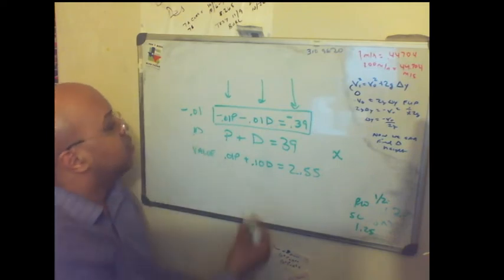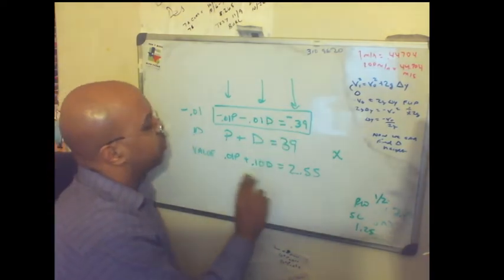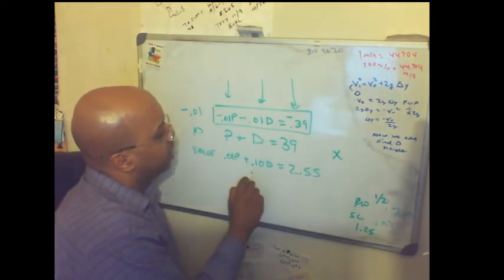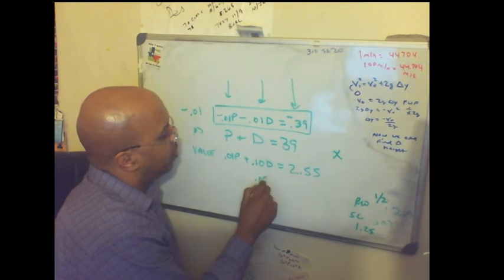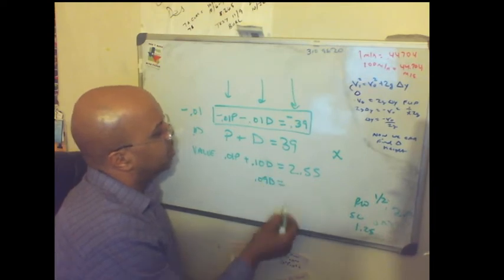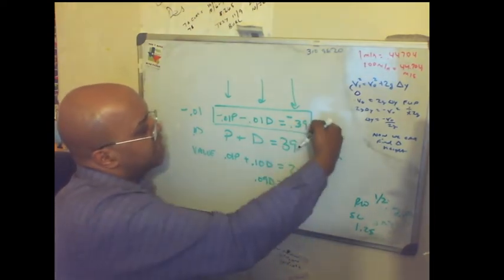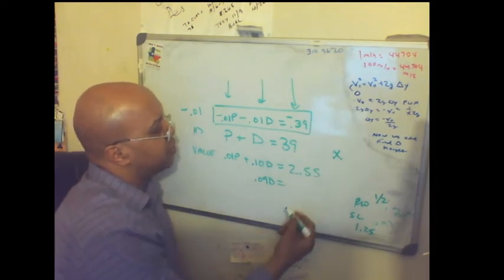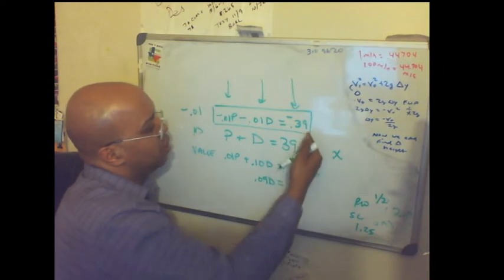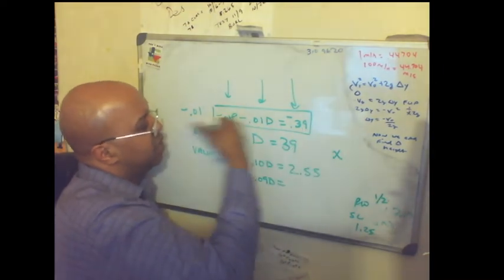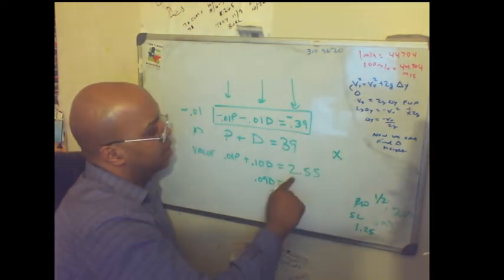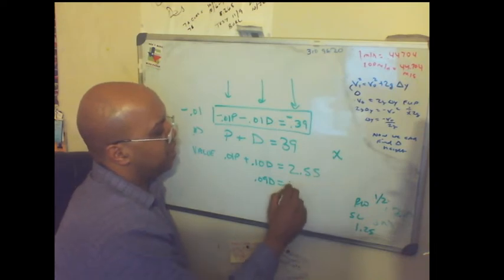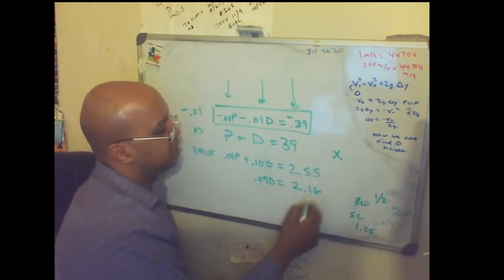But now we have to deal with this. We isolate dimes, so this will be 0.09 D. And then we take the negative 39 cents and apply it to the $2.55. So immediately I'm thinking 40, which will be $2.15, and then $2.60.